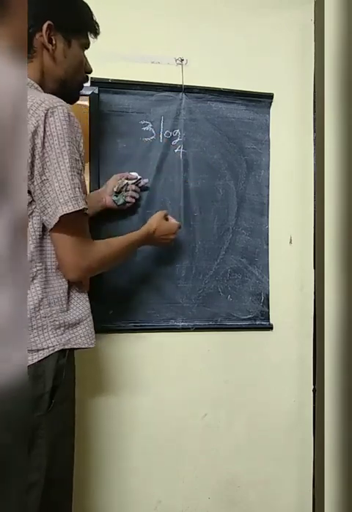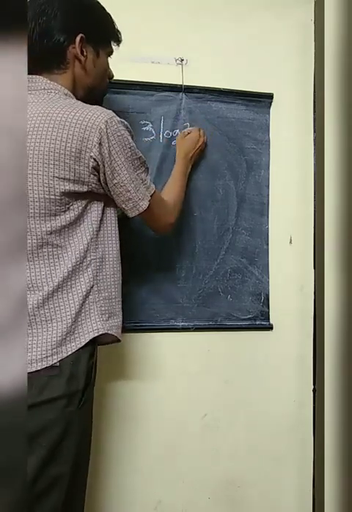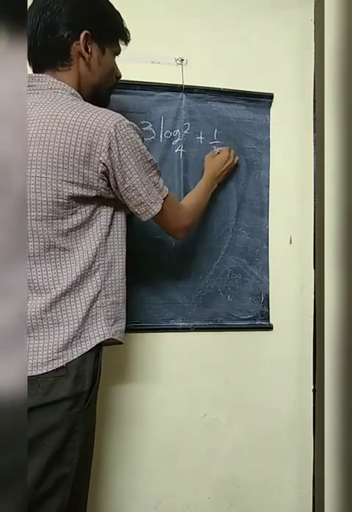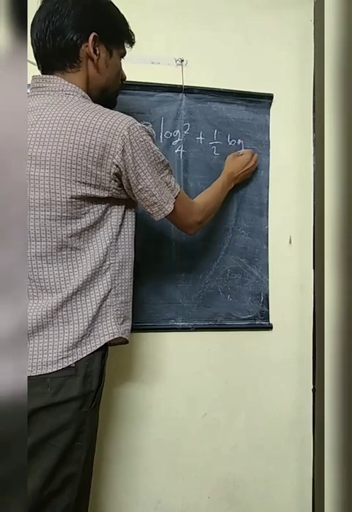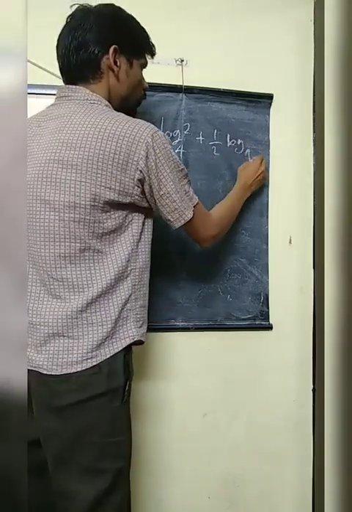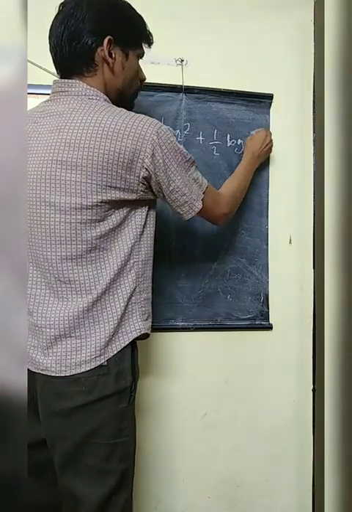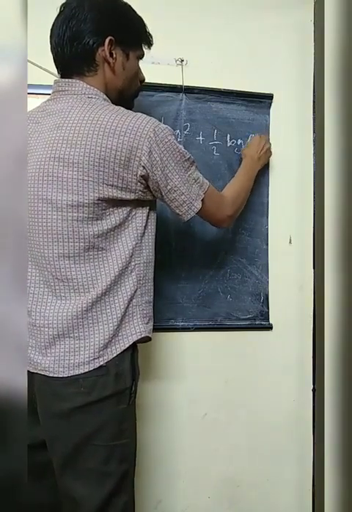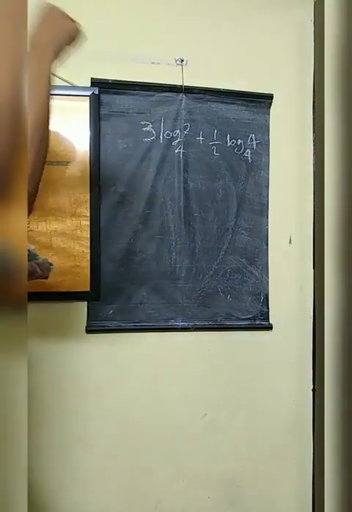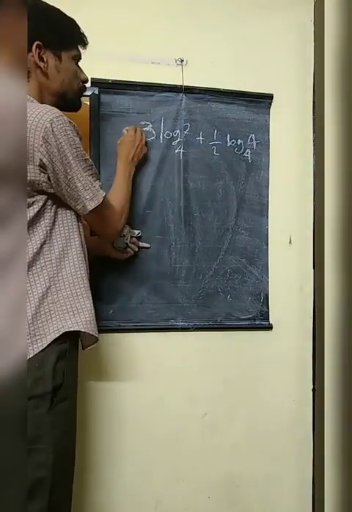For example, we have another problem: 3 log 4 of 2 plus half log 4 of 2, for example. Okay, so what will be the answer for this?